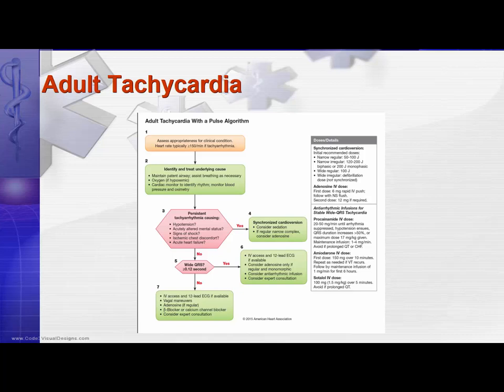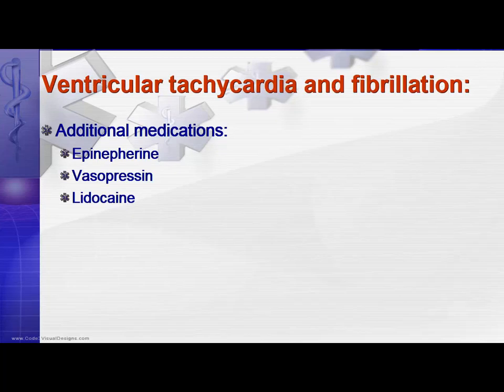If that patient is showing anything that could be signs of shock, hypotension, altered mental status, any other signs of shock, ischemic chest discomfort, or acute heart failure, then we go straight to the critical treatment there, and we go ahead and shock.